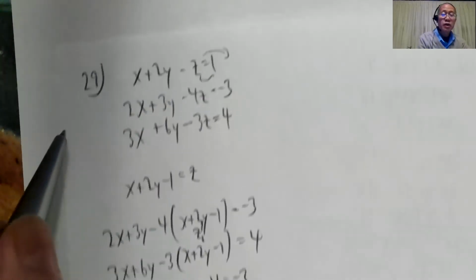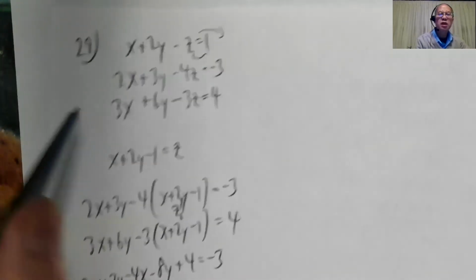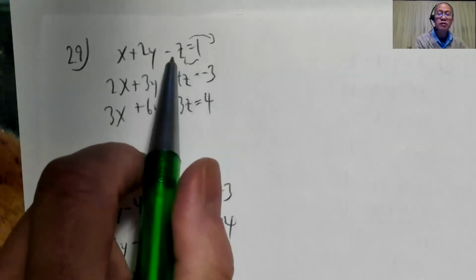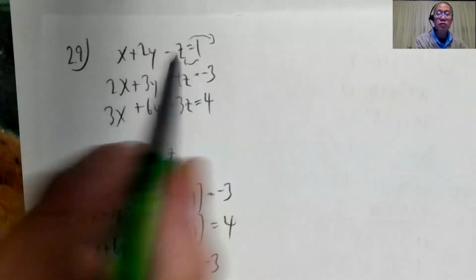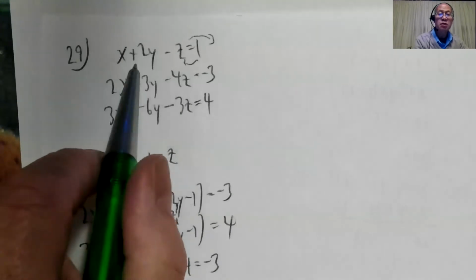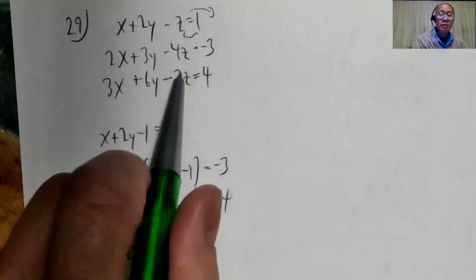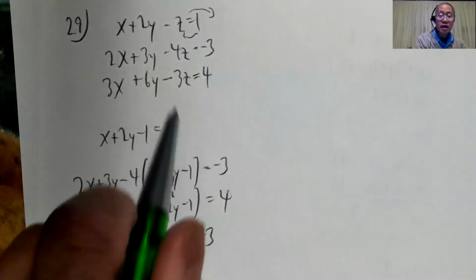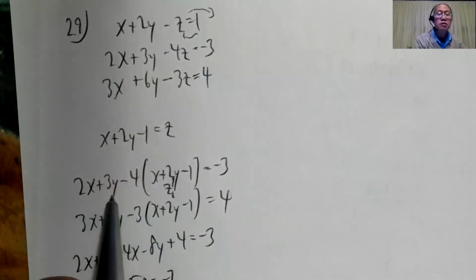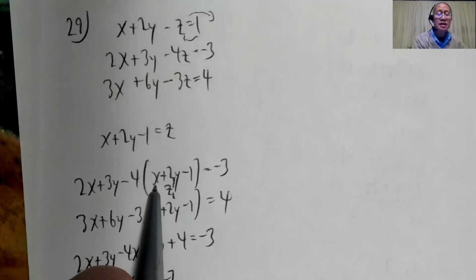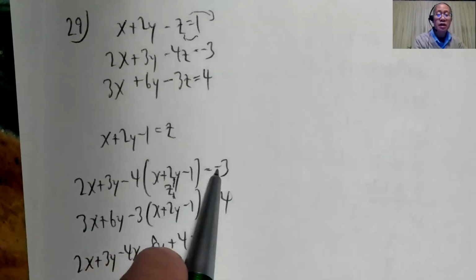Okay, 29, I'll show you how to do substitution. So substitution, I solve for z, add z to both sides, subtract 1. That gives me x plus 2y minus 1 equals z. Then I pick this whole thing up and plug into z right there and right there. So 2x plus 3y minus 4 times x plus 2y minus 1 equals negative 3.